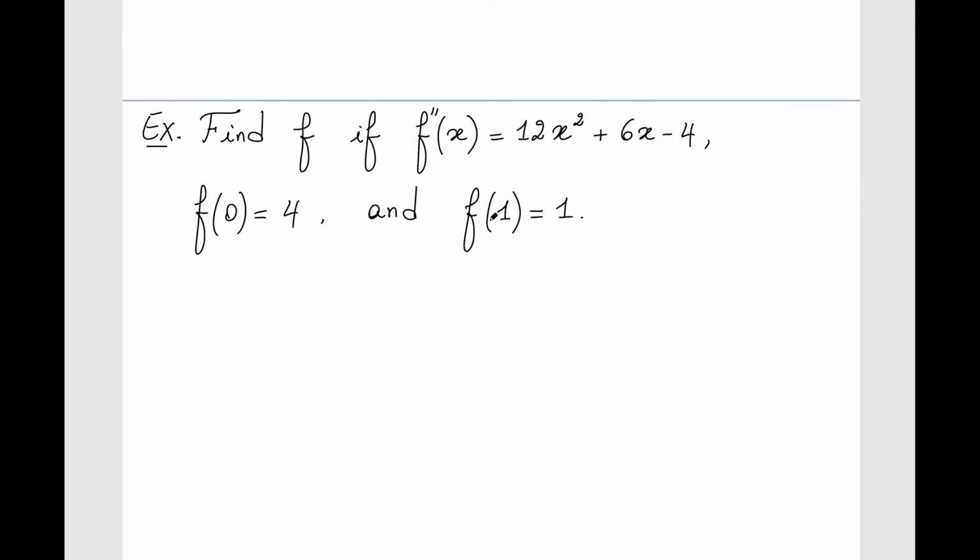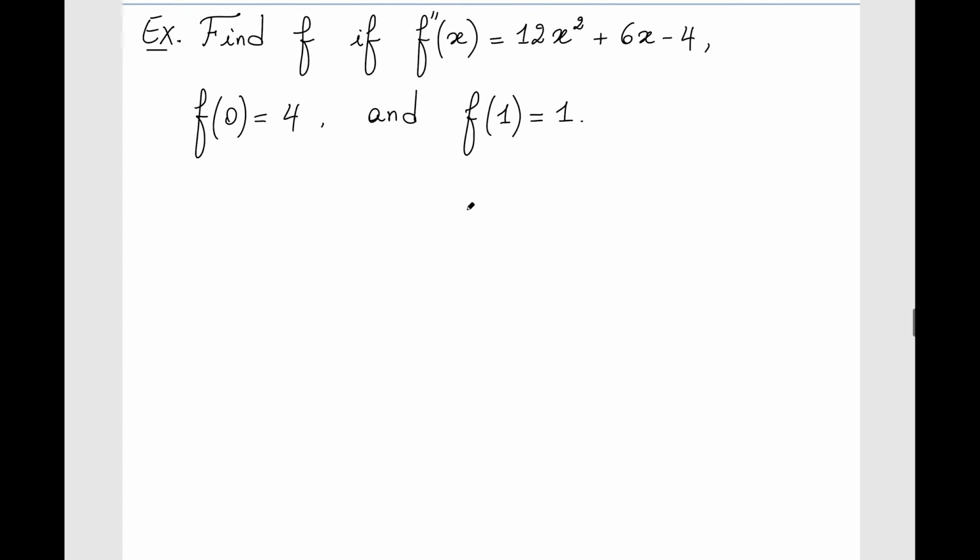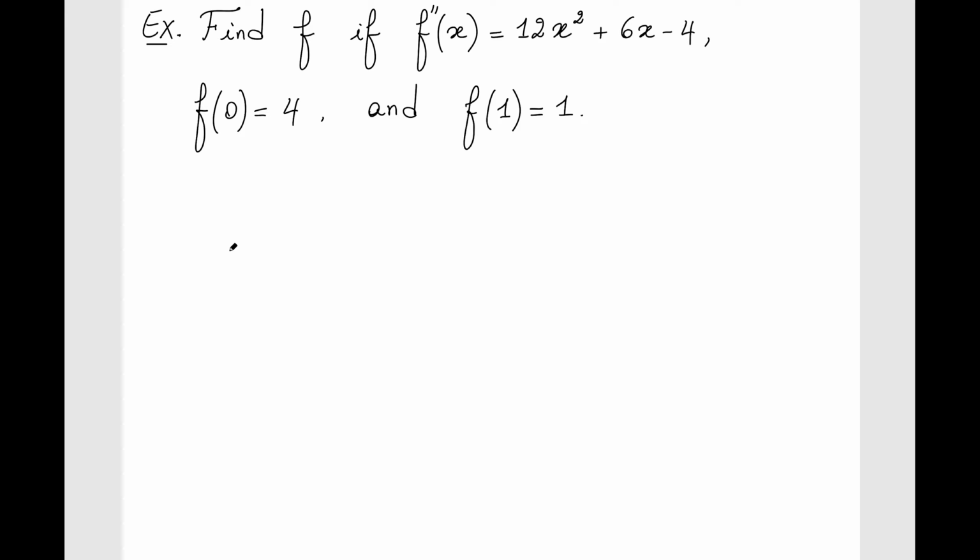So the plan is to integrate this function twice. It's going to give me two constants, one for each integration stage, and these two initial conditions are going to reveal to me what these constants are. Hope it makes sense. All right, let's do it.